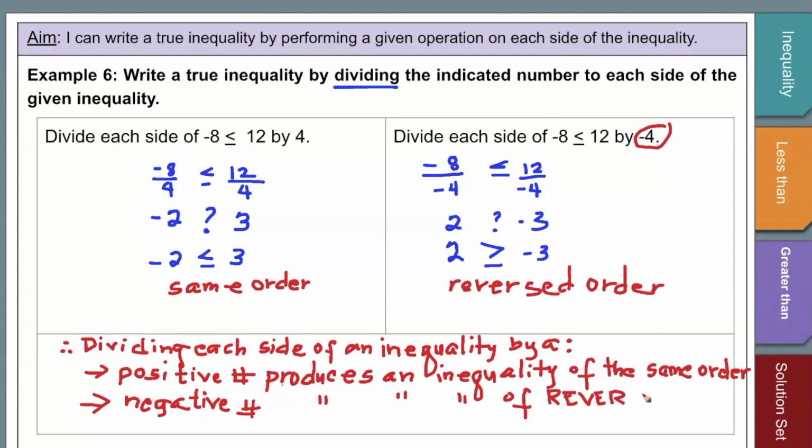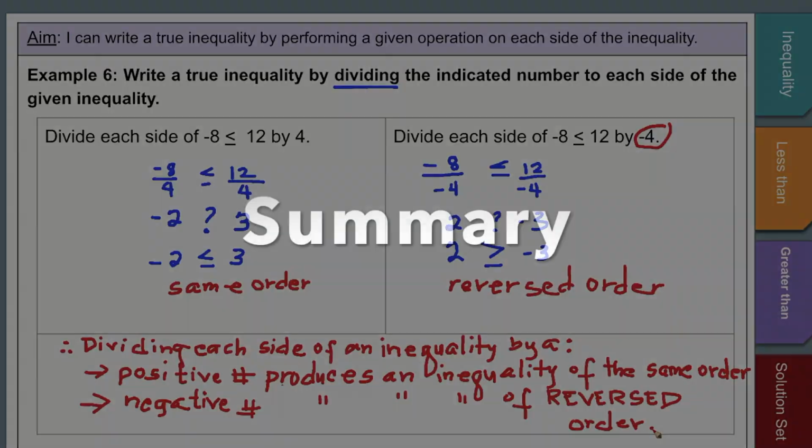So the less than or equal to becomes greater than or equal to, and if the starting inequality is less than or equal to, it would be reversed to greater than or equal to when you divide both sides of the inequality by a negative number. So multiplication and division do share the same properties of inequality.